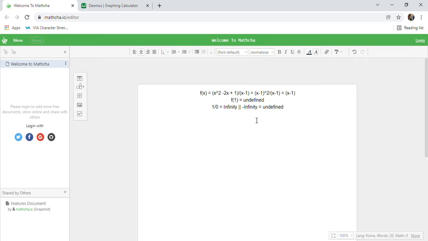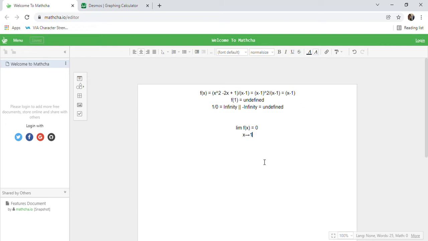But we can still say that the limit of this function, aka f of x, as x approaches 1 is equal to 0. And you can see clearly here that it's equal to 0 because this expression is equivalent to x minus 1.